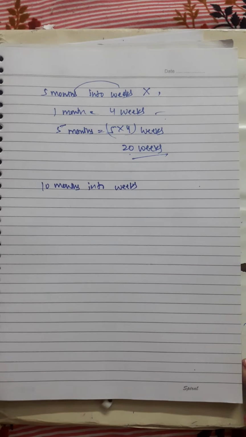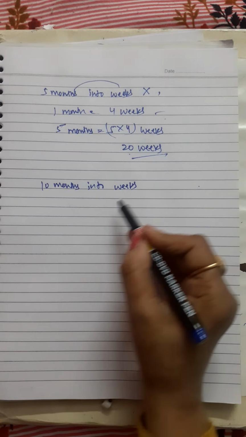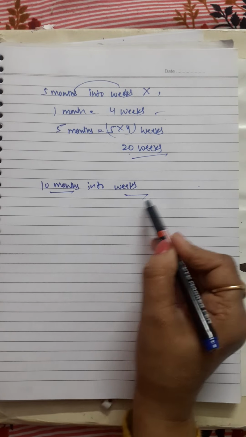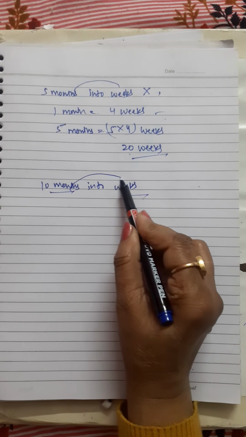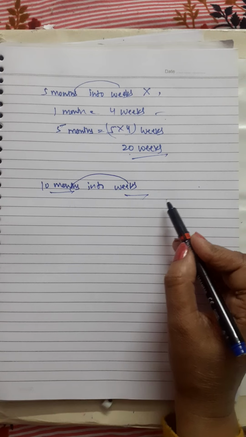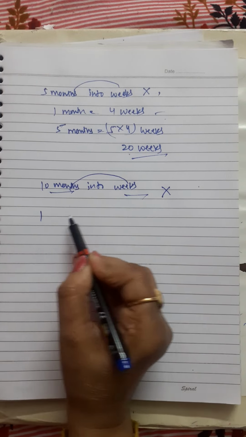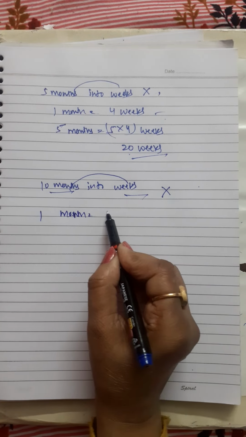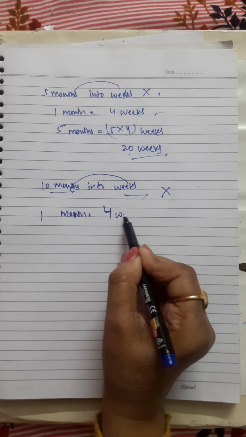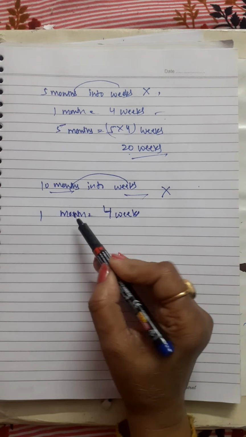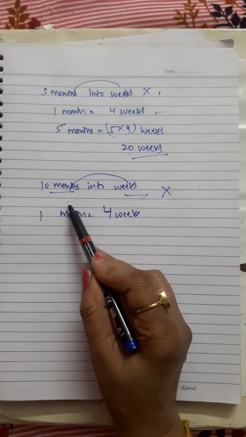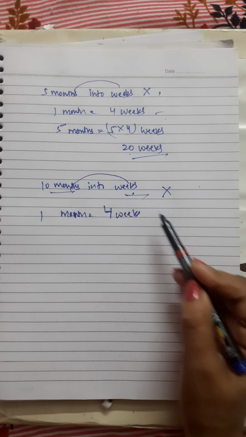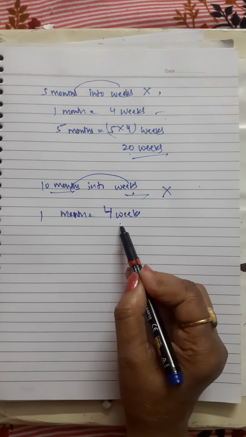We are doing one more part of the question. Again we have to convert months into weeks. Months is the bigger unit, weeks is the smaller unit. And as I told you, whenever we have to convert a bigger unit into a smaller unit, we have to do the multiplication. 1 month has 4 weeks.